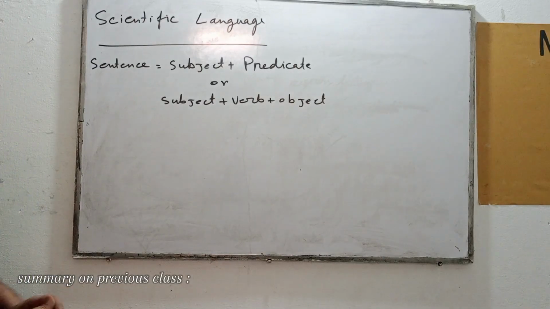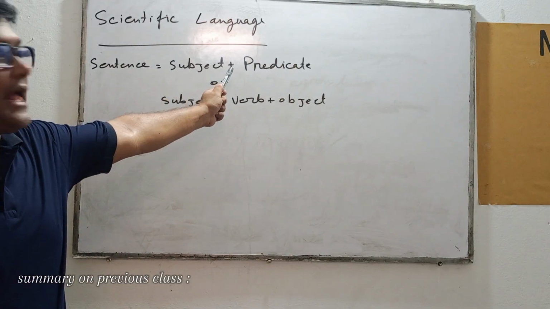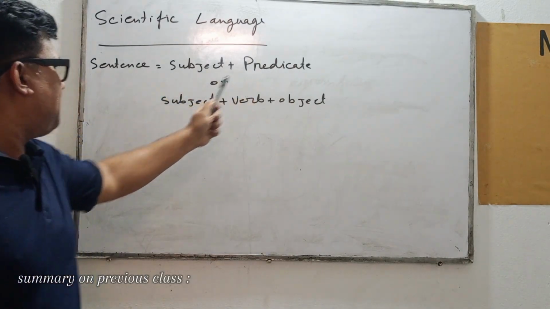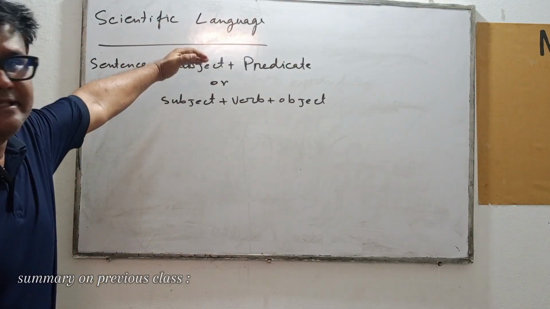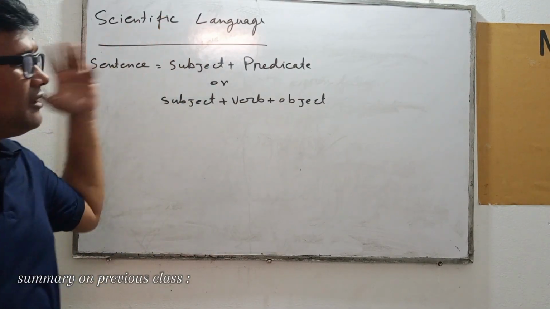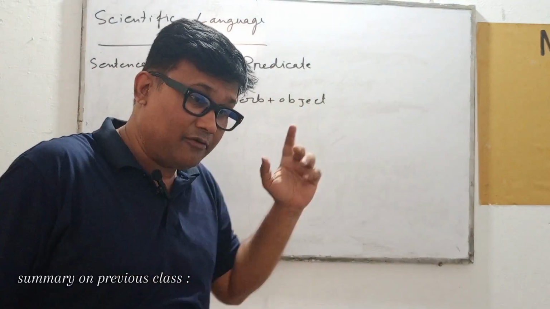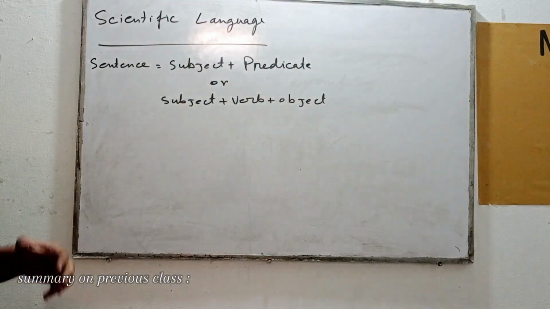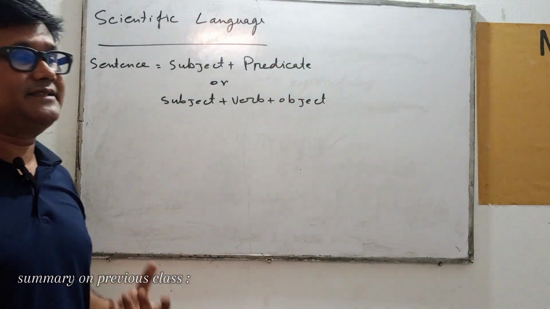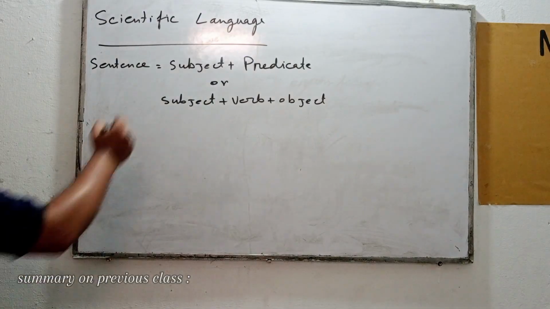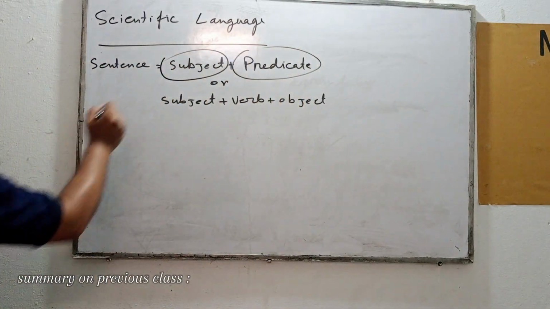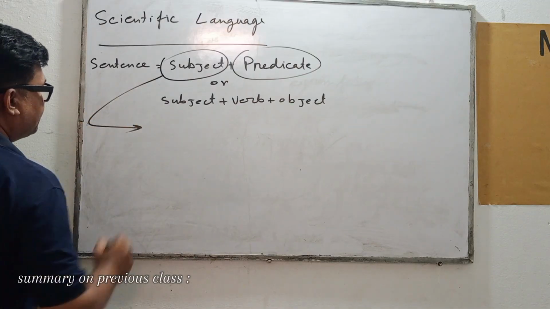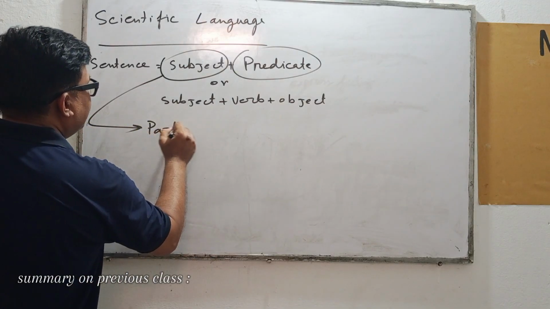So you can see that a sentence has a structure: subject plus predicate, or subject, verb, object. Either of these structures you can follow when making a sentence. Now come to the point: what will a sentence contain? A sentence contains, as you see, subject and predicate. Subject contains what? It has parts of speech.